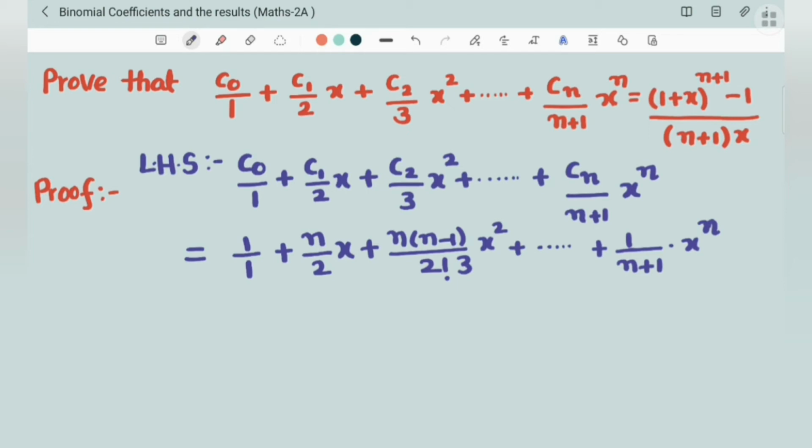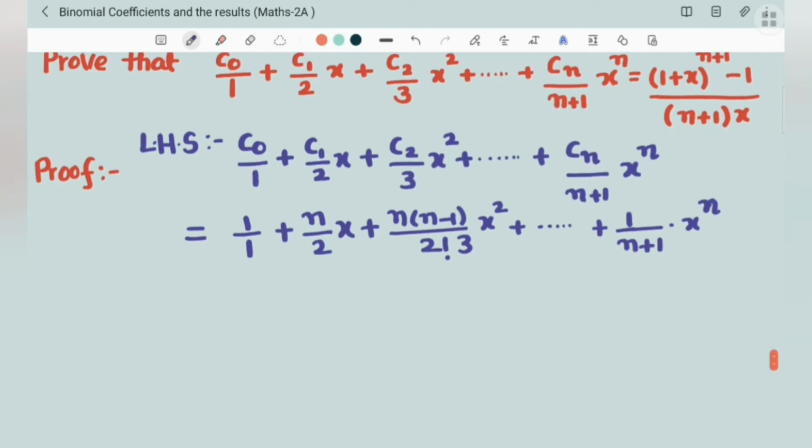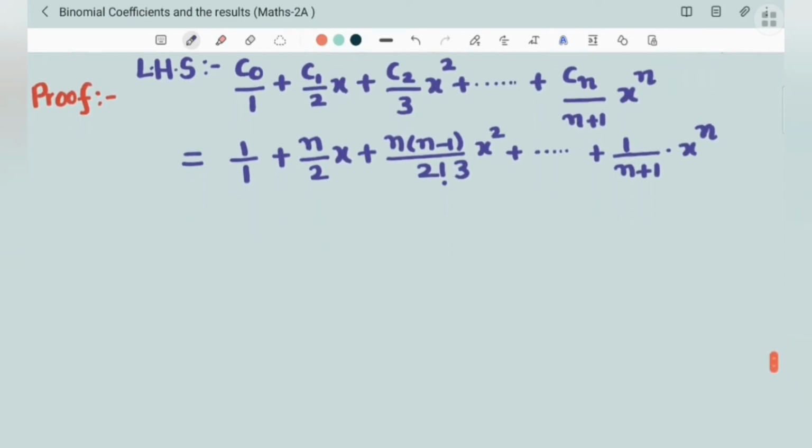So after that, see 1 by 1, this step, 1 by 1 means 1 only. N by, here 2 can be written as 2 factorial, I am writing, into x. N into n minus 1 divided by 3 into 2 factorial can be written as 3 factorial into x square.